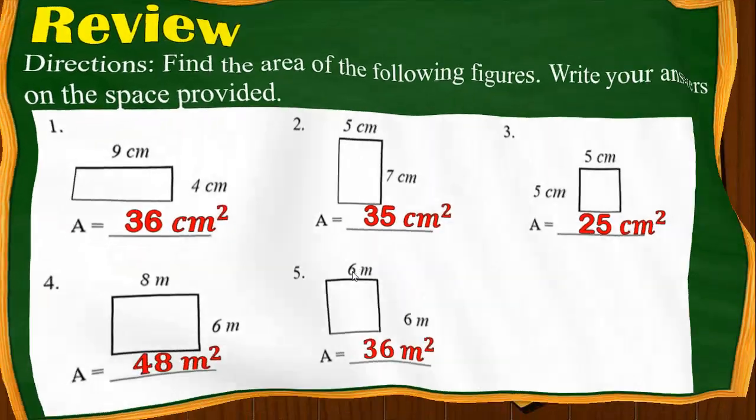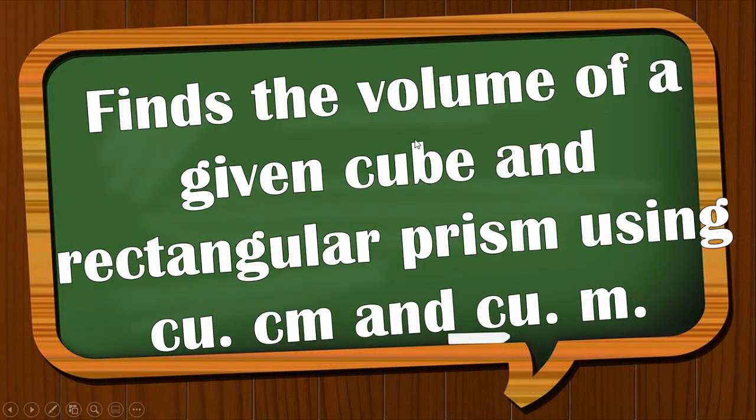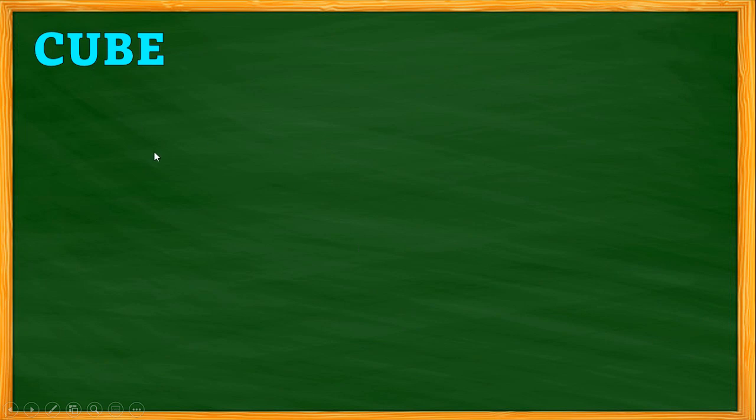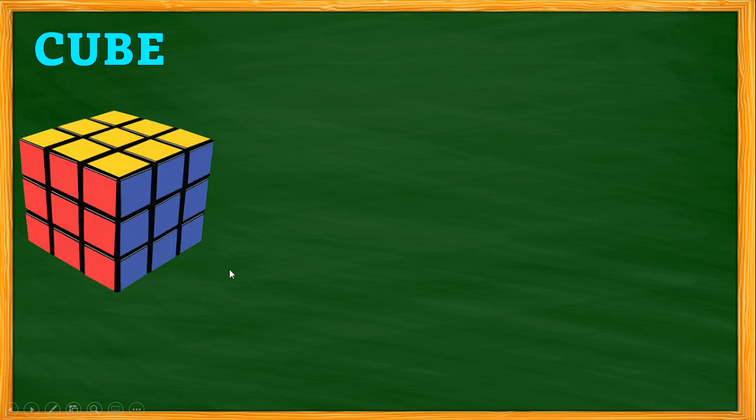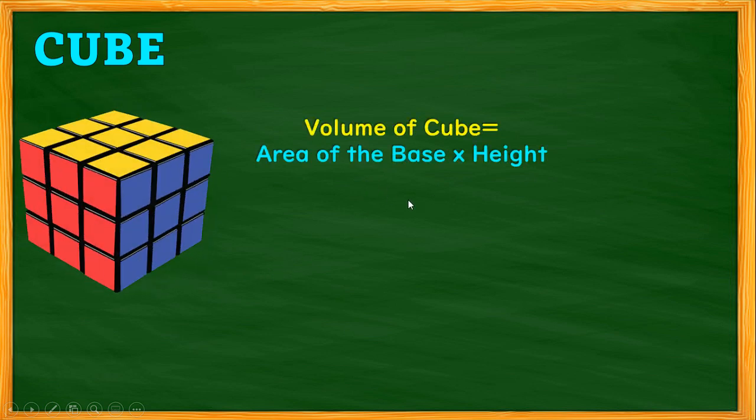So let's proceed to our main topic for today: find the volume of the given cube and rectangular prism using cubic centimeter and cubic meter. So let's discuss first the cube. So this would be a cube, right? To find the volume of the cube, you need to multiply the area of the base by the height.